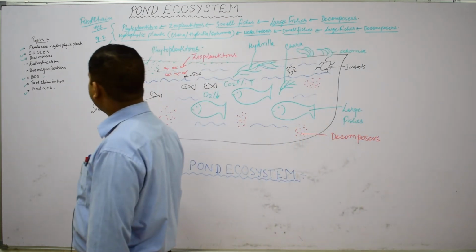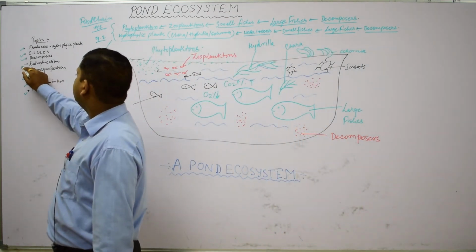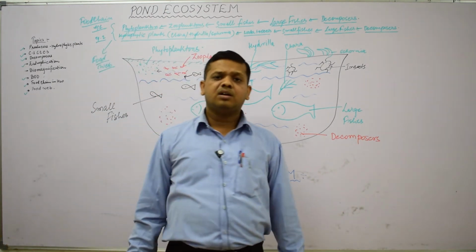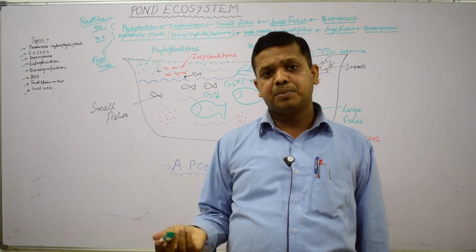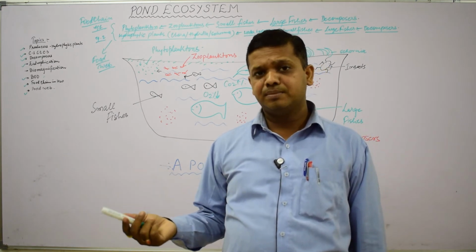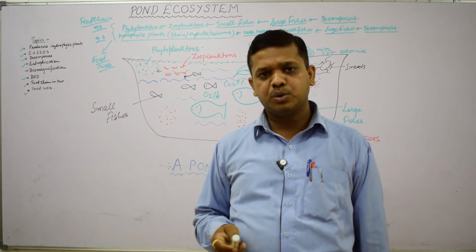So, what is eutrophication? Eutrophication means when the protein or the plant, green plant, hydrophytic plant, are found more and more in number at the surface of the pond ecosystem.